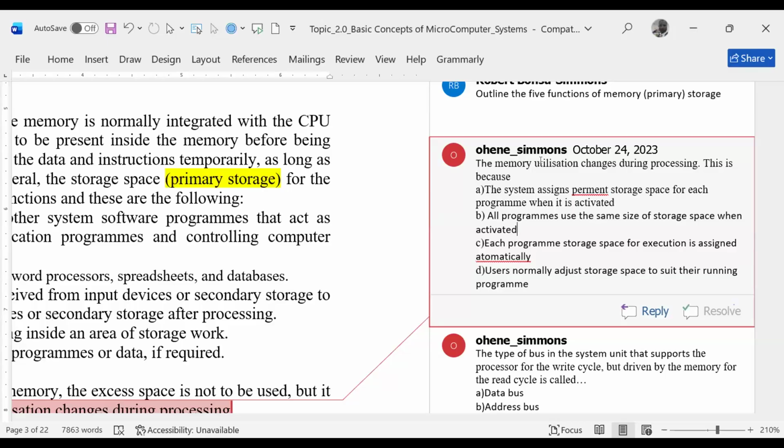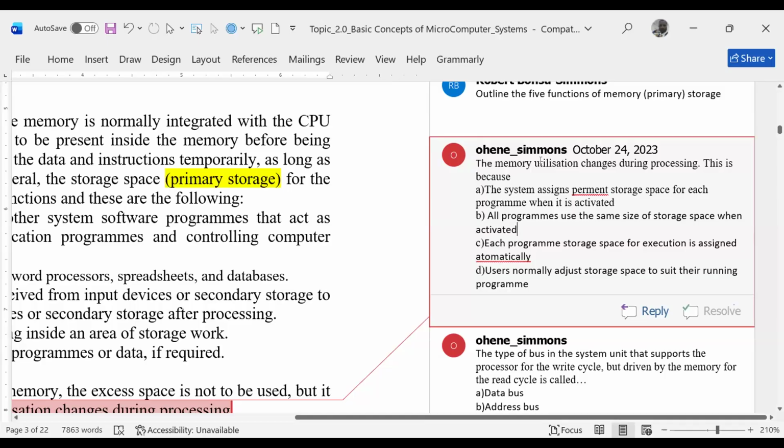Okay, so A. The answer is what? A. The system assigns permanent storage space for each program when it is activated. I am not convinced, Yaira.